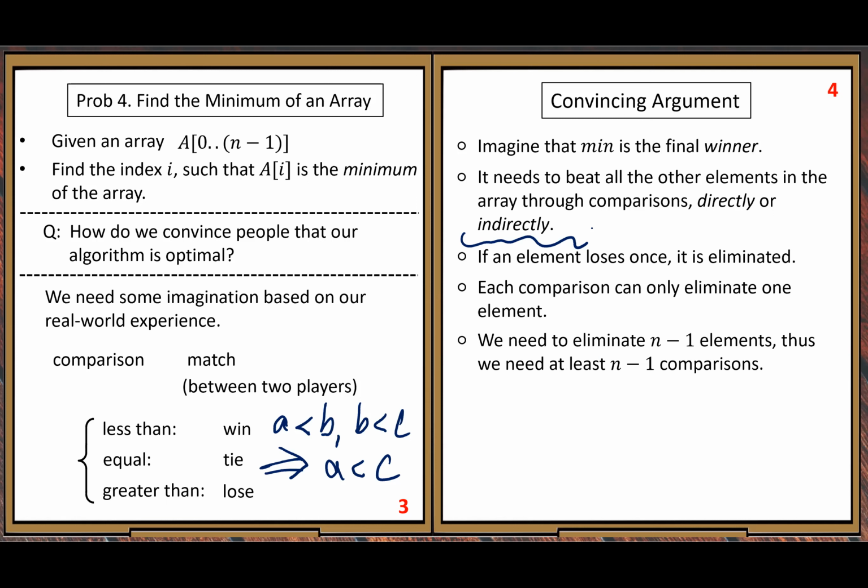Next one: we need to eliminate n-1 elements, because at the end, only one winner is left. The remaining n-1 elements all get eliminated. Thus, we need at least n-1 comparisons.